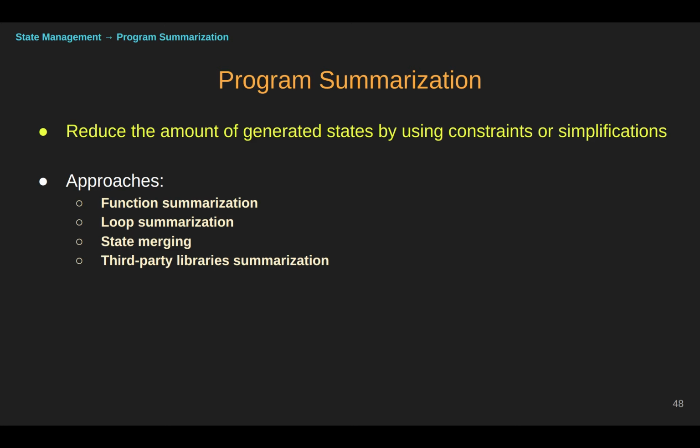So it is also of interest to summarize the effect of loops and make it parametric on the number of iterations or something like that, so that you don't have to fork at the end of every loop based on the iterator. And if the iterator is also symbolic, or the bounds are also symbolic, then you'll never finish, right? So that is another interesting thing to explore.